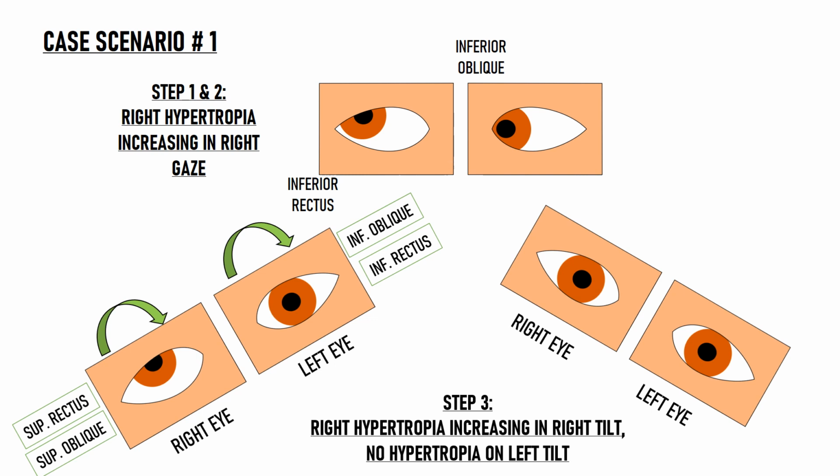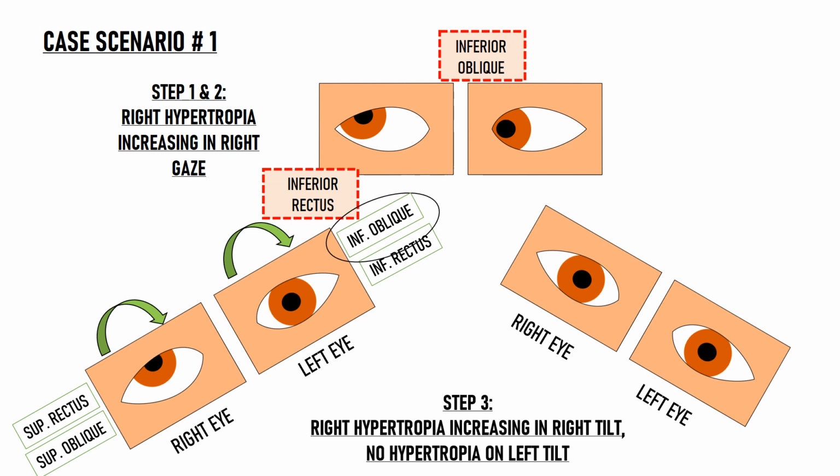Of these two muscles, the muscle which is acting in the tilt in which hypertropia is manifesting, that is in the right head tilt, is left eye inferior oblique. The other muscle, which is right eye inferior rectus, is not active in this tilt, therefore it cannot be responsible for this hypertropia.